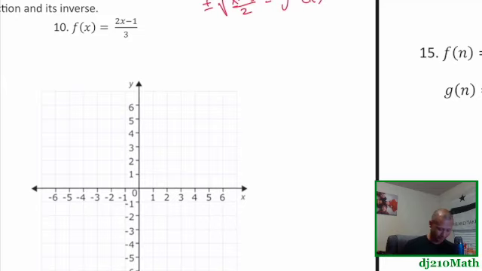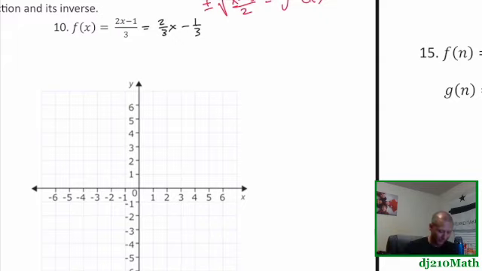All right, let's look at f of x, or number 10. f of x is equal to (2x minus 1) all divided by 3. Rewriting this in a fashion we're used to, you can split this up. When there are 2 terms on top and 1 term on bottom, you can split the denominator, and this will be 2/3 x minus 1/3.